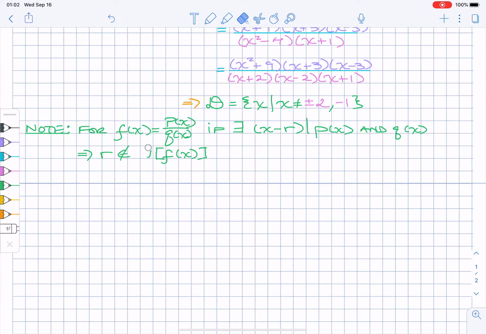So let me write that a bit better. So it's still not in the domain of f of x, even though it can be reduced.